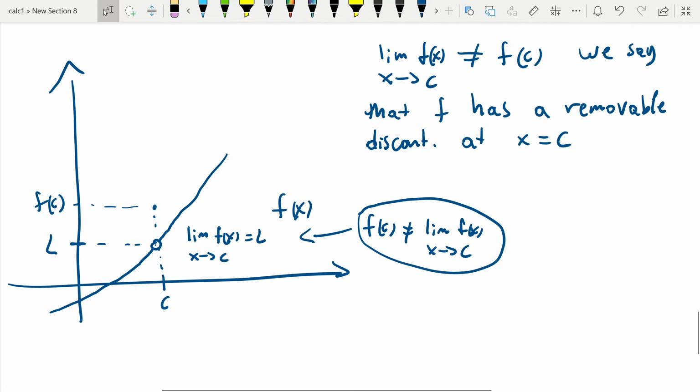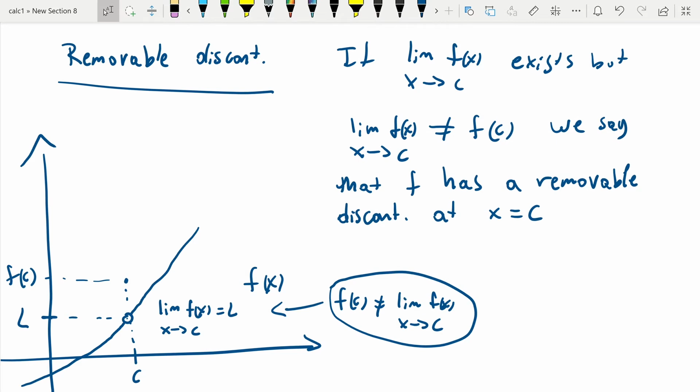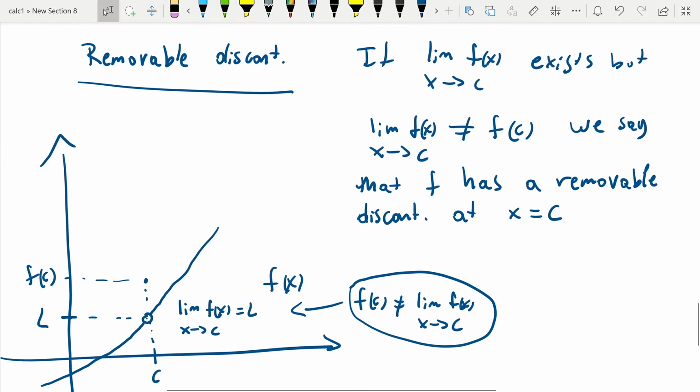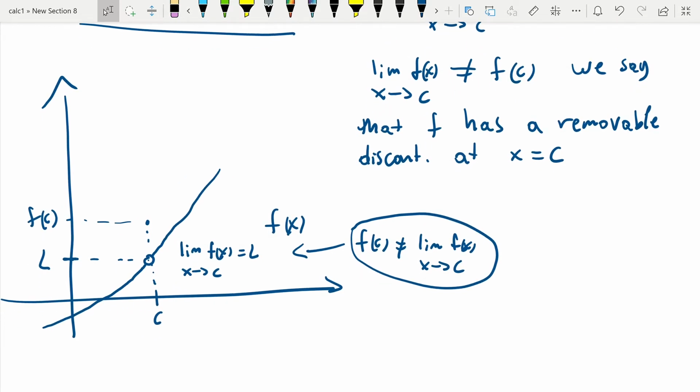That's not the case for other discontinuities. One important thing here is that whenever we write something like this, like the limit exists, but it's not equal to f of c, that also includes another piece of information we may forget. The thing is that f may not be defined at the point. And so if f is not defined at the point, but the limit exists, then it is certainly not equal to the value of f at c, because f of c is not even a number.